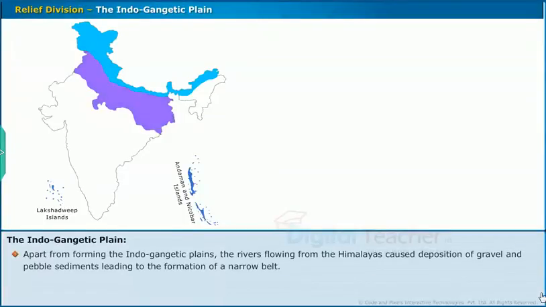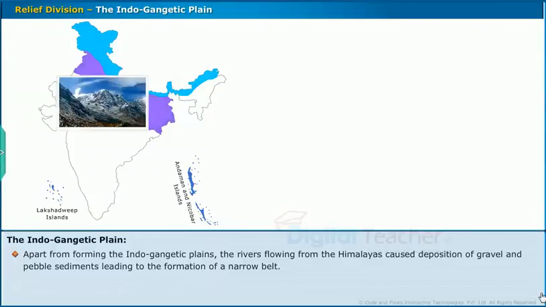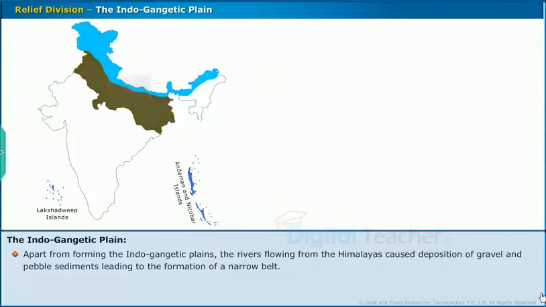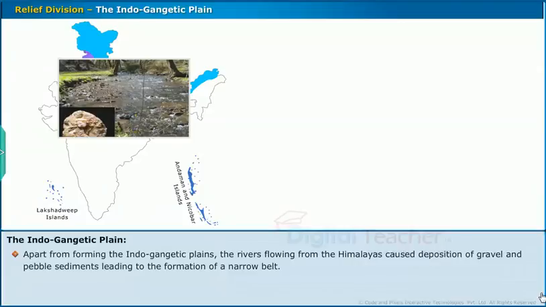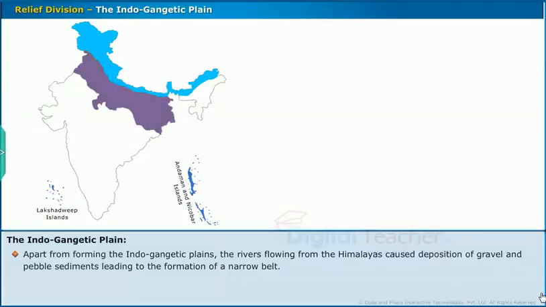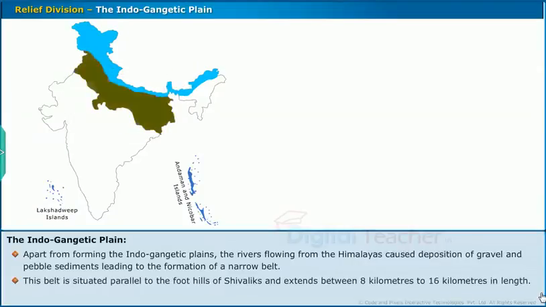Apart from forming the Indo-Gangetic Plains, the rivers flowing from the Himalayas cause deposition of gravel and pebble sediments, leading to the formation of a narrow belt. This belt is situated parallel to the foothills of Shivaliks and extends between 8 km to 16 km in width.